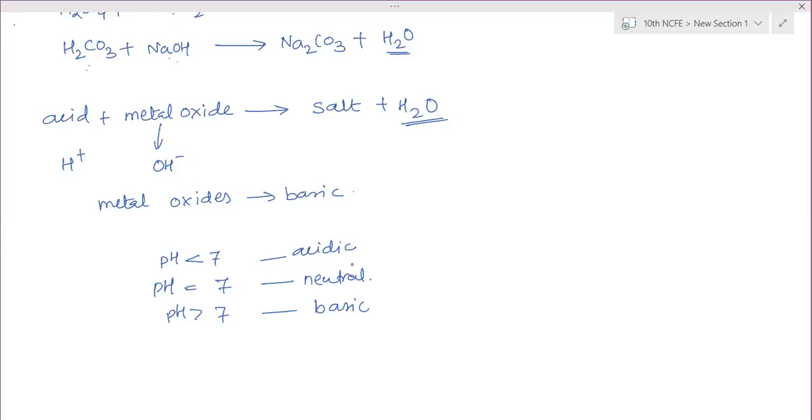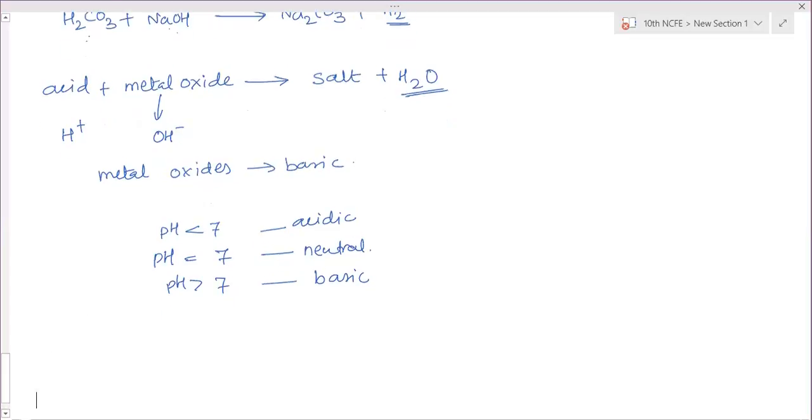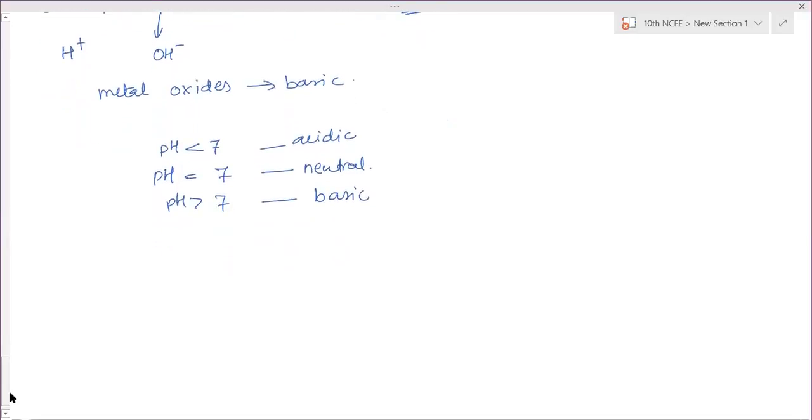Any indicator is from 1 to 14 only. You will do that calculation in class 12 when you learn logs. Right now you don't have logs, so they have removed them. Earlier, before 2010, you had logarithmic calculations, because log was included in class 9.